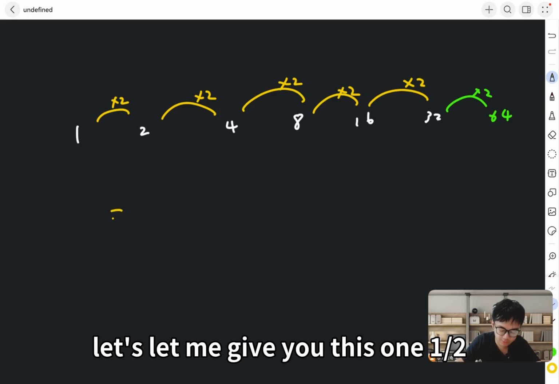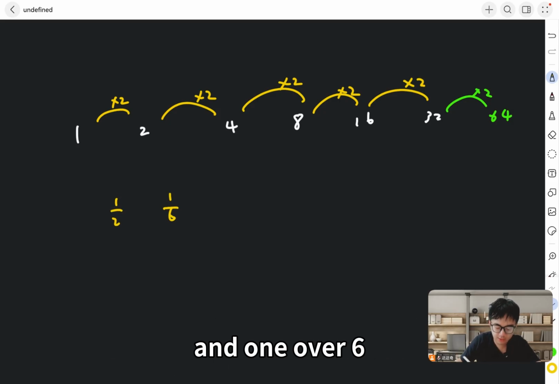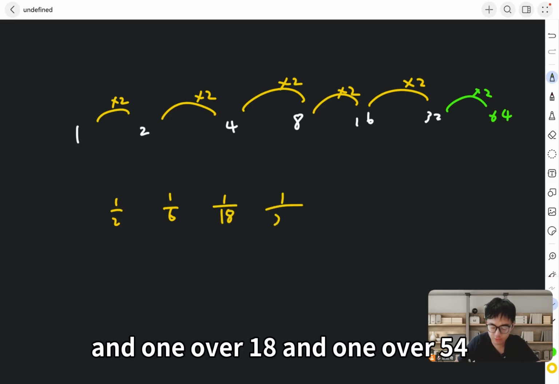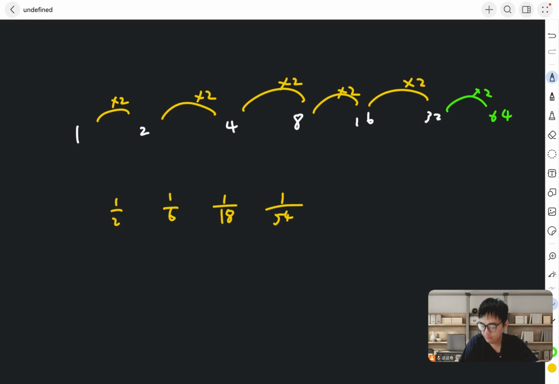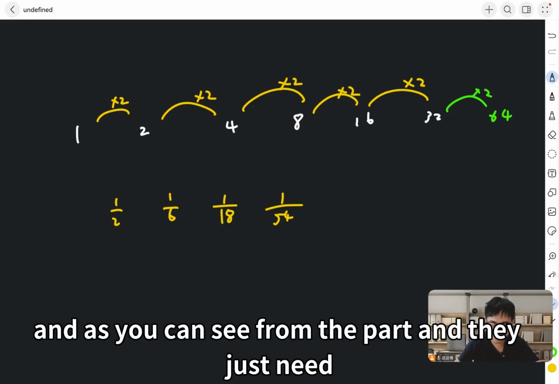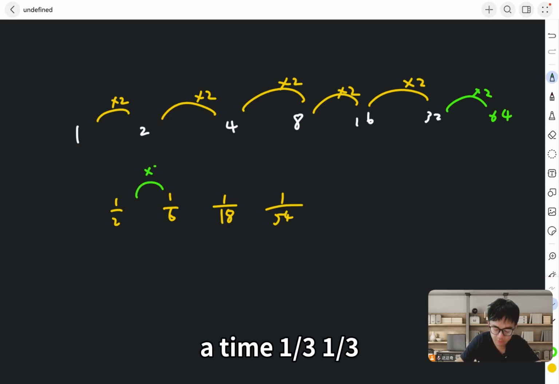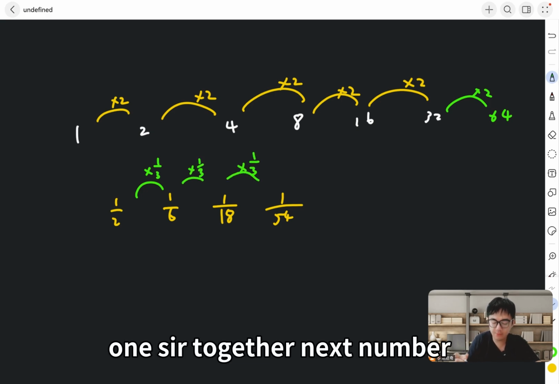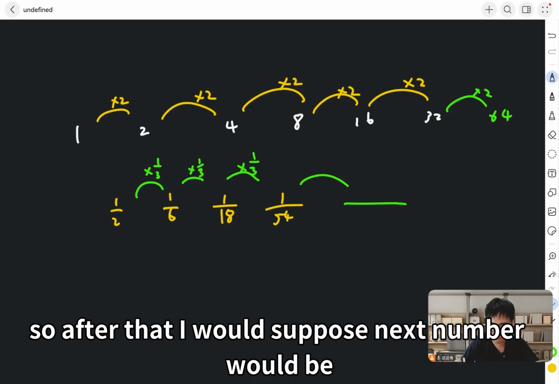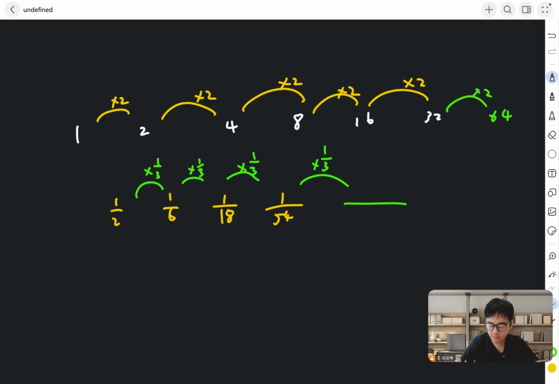Let me give you this one: 1/2, 1/6, 1/18, and 1/54. So what is the next number? As you can see from the pattern, they just multiply by 1/3 each time to get the next number. So the next number would be 1/162.